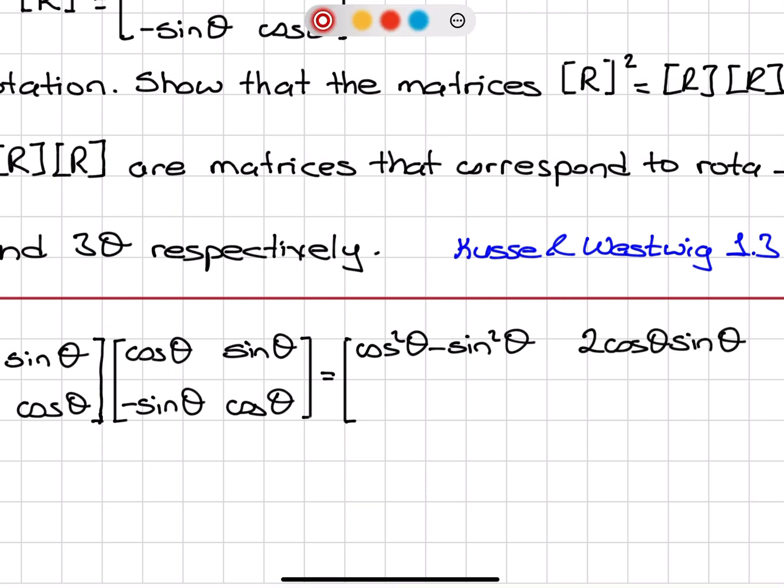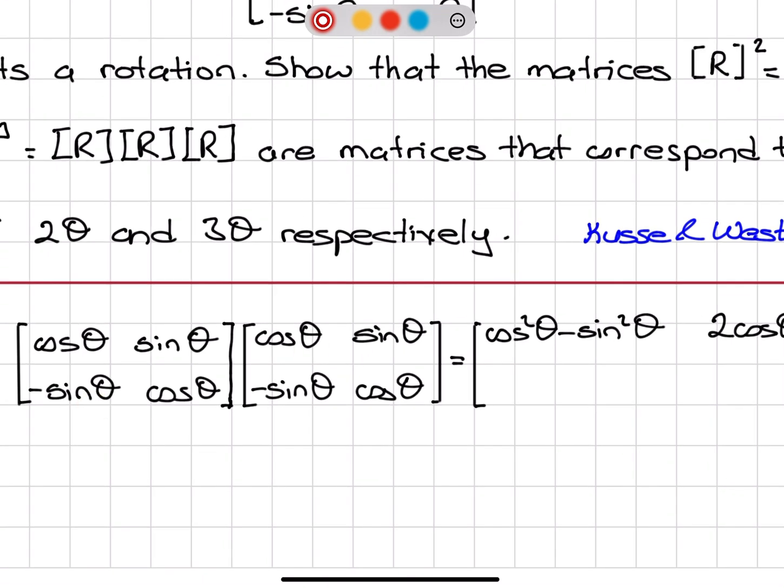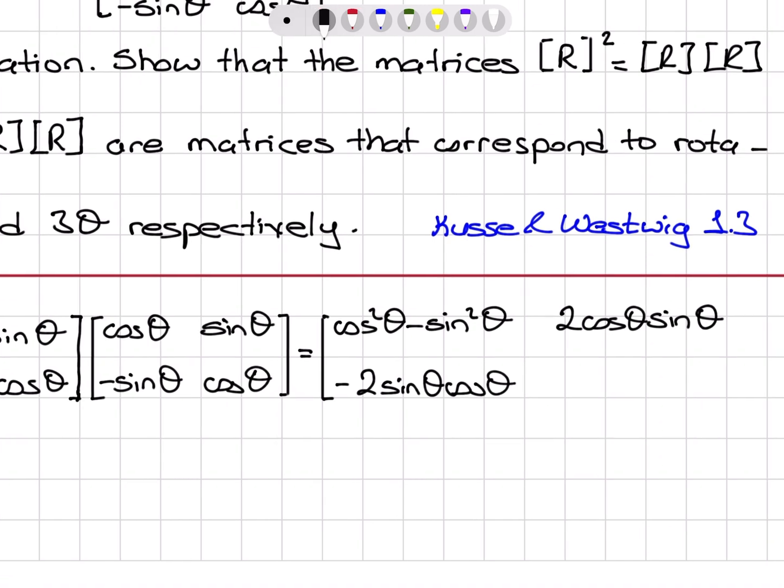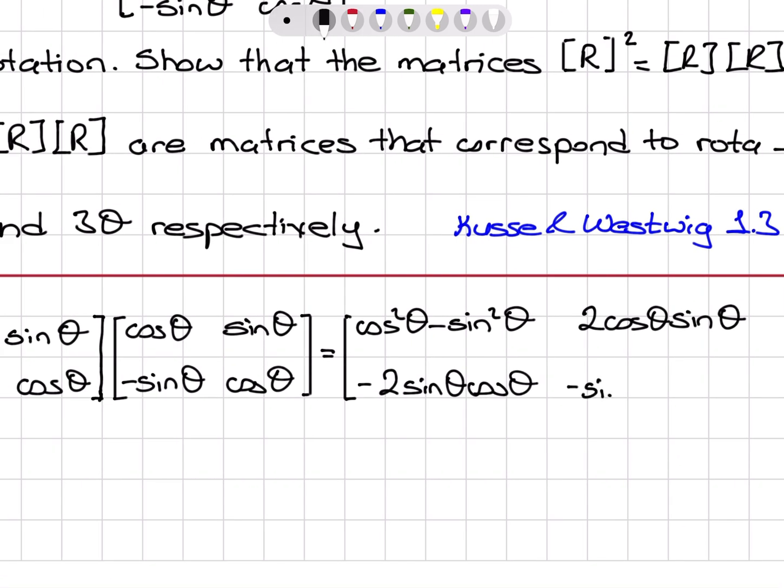And then I have minus sine theta cosine theta minus sine theta cosine theta, which will give me minus 2 sine theta cosine theta. And then I have minus sine square theta plus cosine square theta. So let's see what this is.